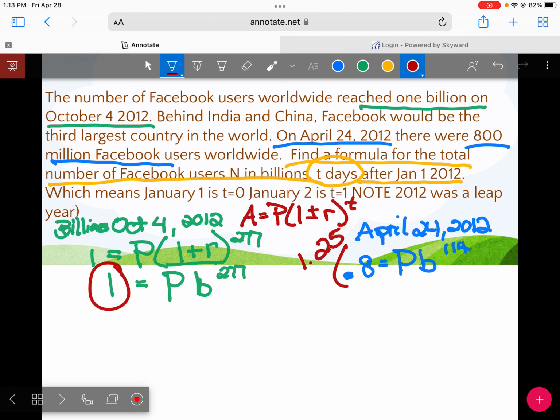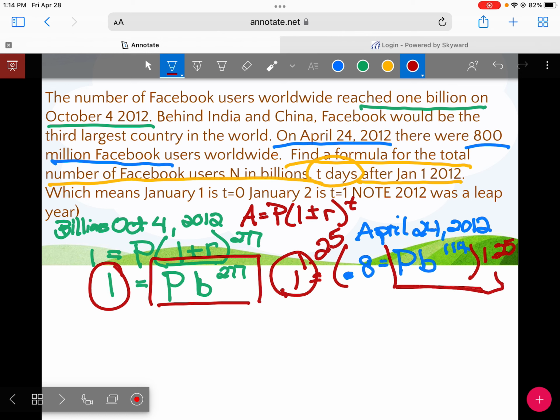So if I want them to both equal the same amount, then I should be able to set everything on the right-hand side equal to each other. But before I do that, I need to multiply this side by 1.25 also. So I'm trying to make this equal to 1. And because this is equal to 1, now I can say these are the same.